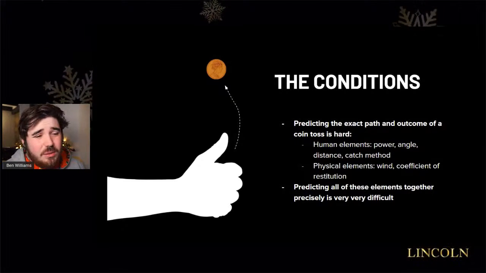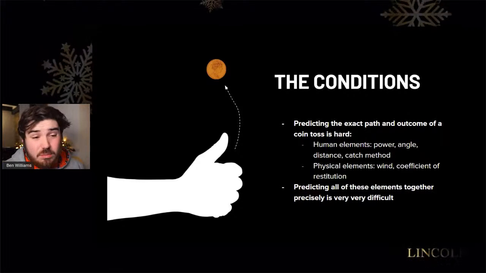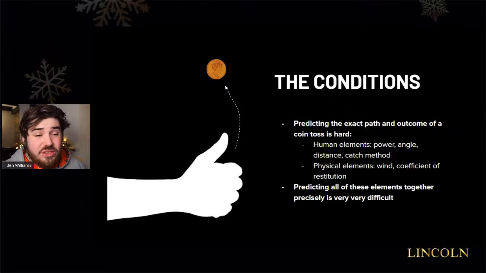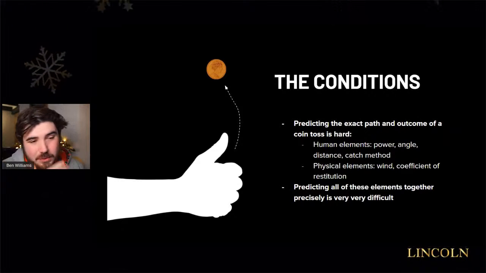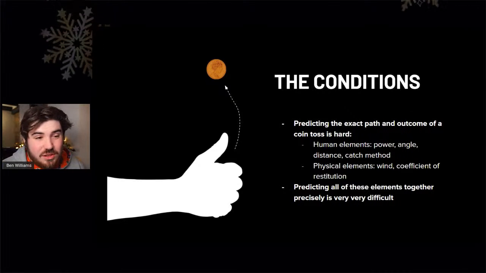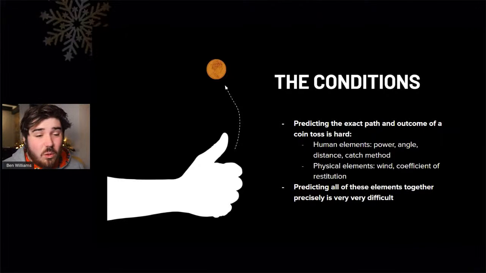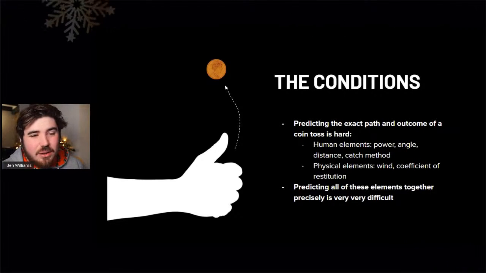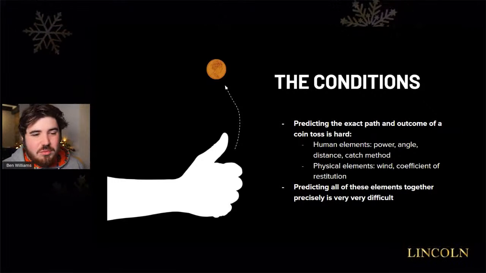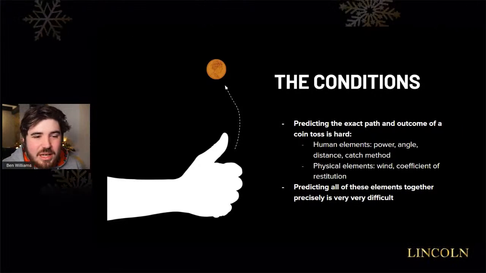For example, predicting the exact path of a coin and the outcome of a coin toss is very hard because there are so many human elements. There's the amount of power you put into the flick, the angle that you flick it at, the distance from your hand to the floor, and also things like the catch method. How do you catch it? Do you catch it and then put it on your hand, or do you catch it mid-air, and so forth?